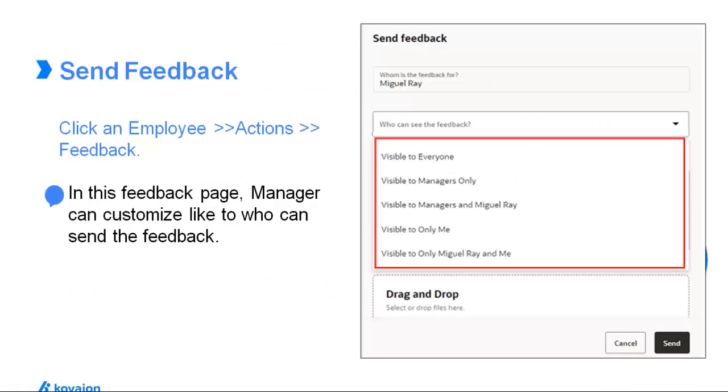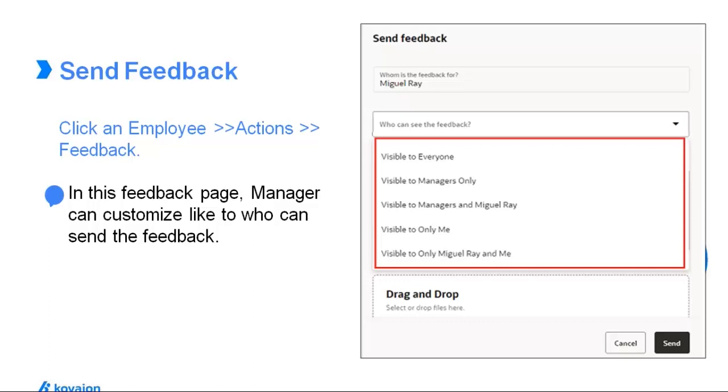Send feedback. The navigation is clicking on Employee, Actions, and Feedback. On this feedback page, a manager can customize who can send the feedback. Sending timely feedback on an employee's work performance improves overall productivity. To get started, click the Employees tab on the Touchpoints landing page and select an employee.